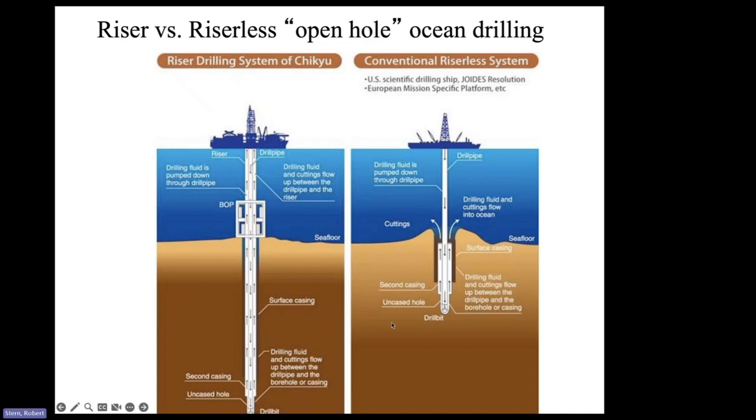With riserless drilling, you'd have no control over what's happening. You know, if you hit oil, it's going to spew. Here, you want to hit oil, maybe, and you will contain it. So this is easier to do because the weight that you have to suspend from, including a riser, is much greater than just the drill string.